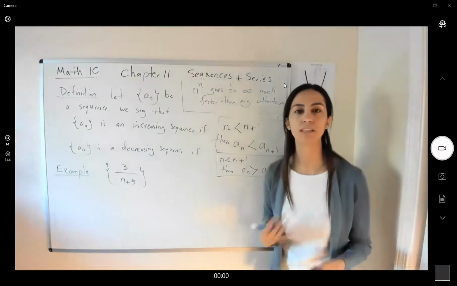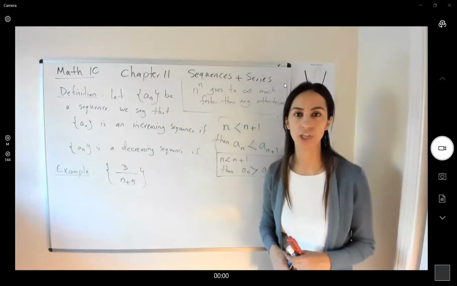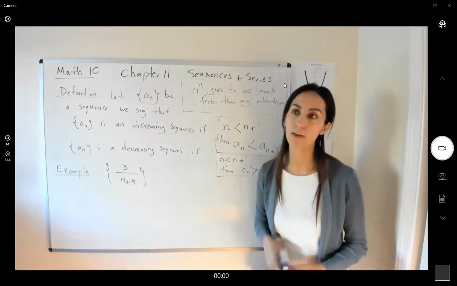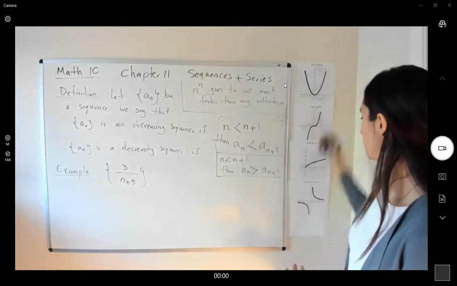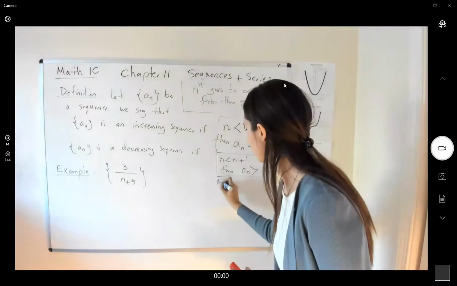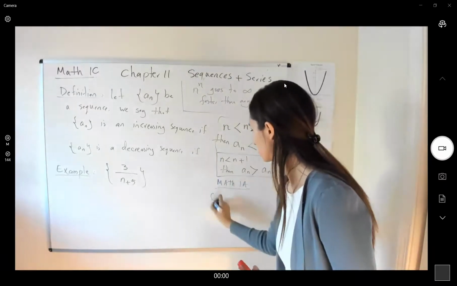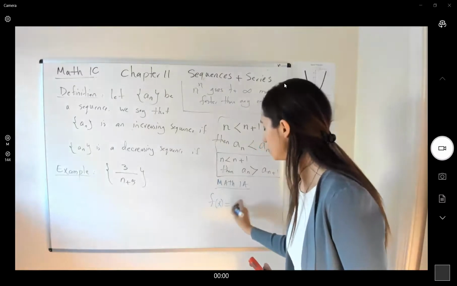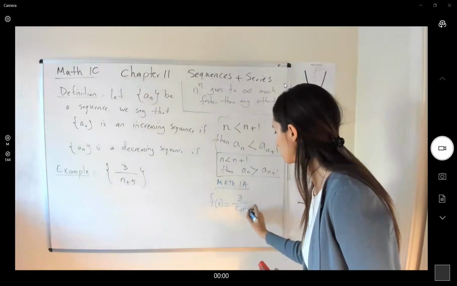Remember that to show that a function is increasing or decreasing, you take the derivative of the function. If the derivative is positive, the function is increasing. If the derivative is negative, the function is decreasing. So take a look at this function, Math 1A, f of x equals 3 divided by x plus 5.